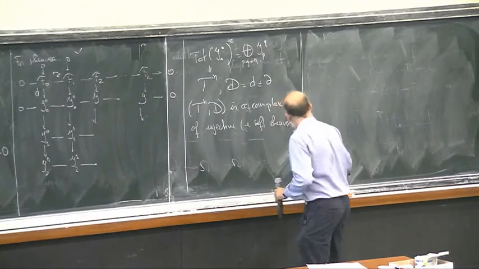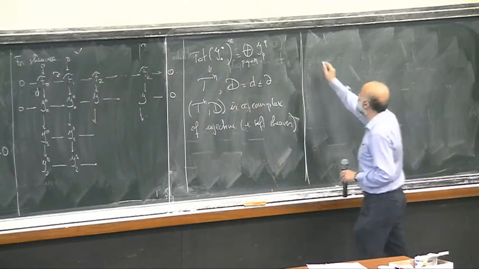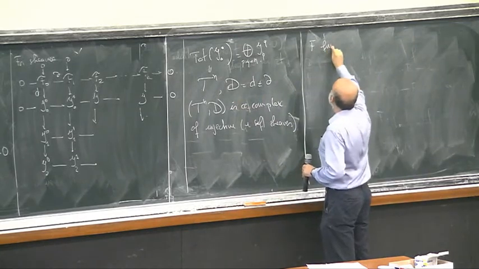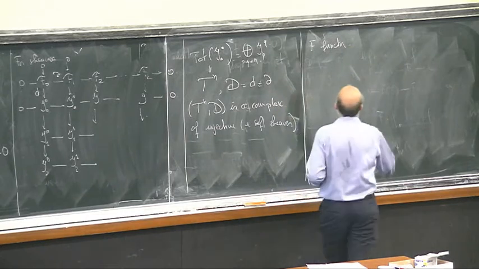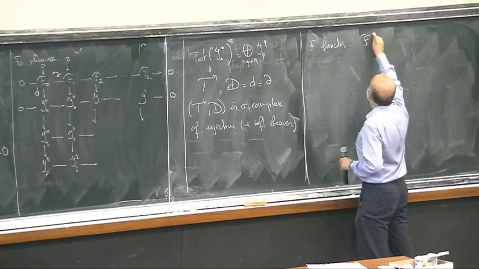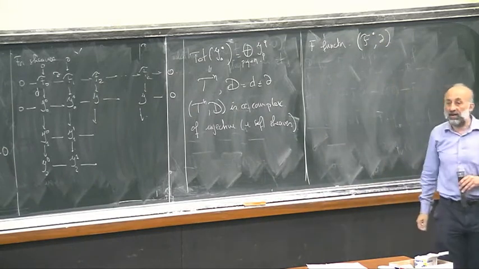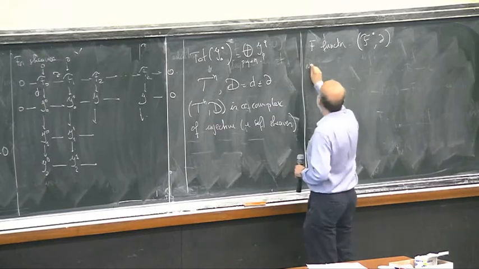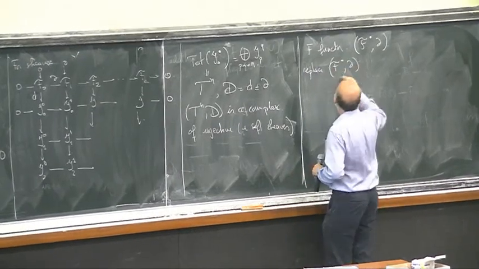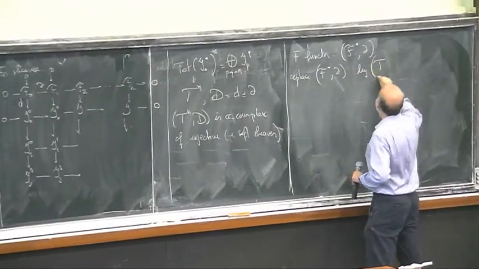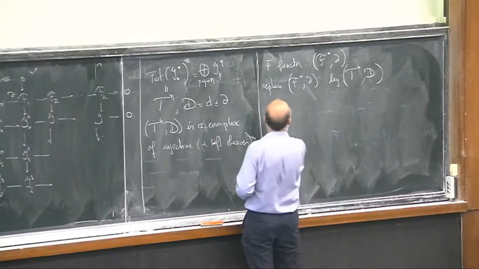And now it's quite easy to understand what you do with your functor f. So if f is a functor, and you have your complex f star and d, well, you replace f star and d by t star and capital D, and apply f.